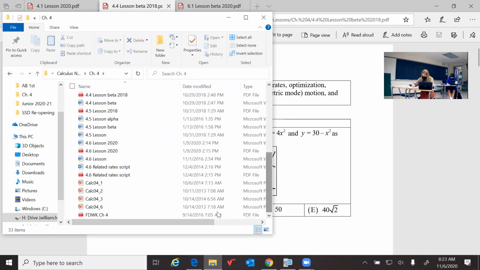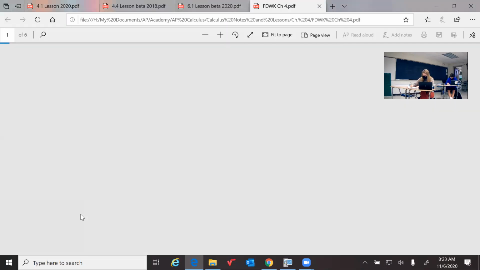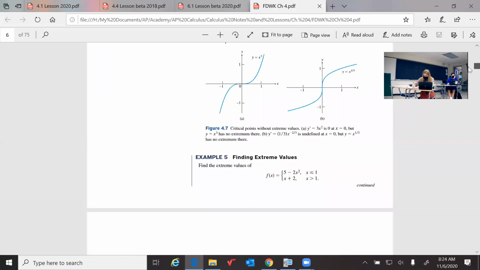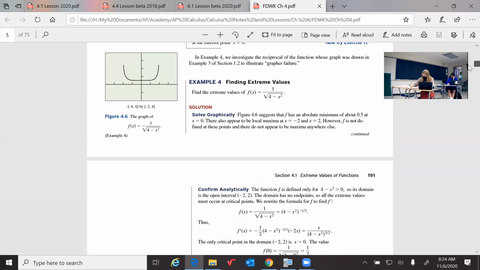What's going to happen is we're all going to go over example number 4, and then the children who are at home are going to be dismissed to do the exit ticket, and the children that are here are going to go do the problem. It's referenced in these. You good?